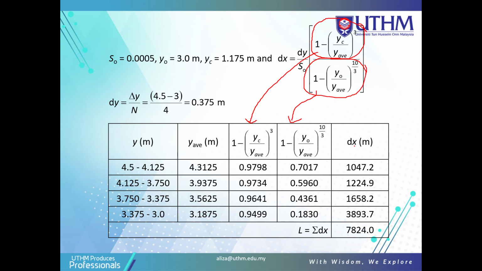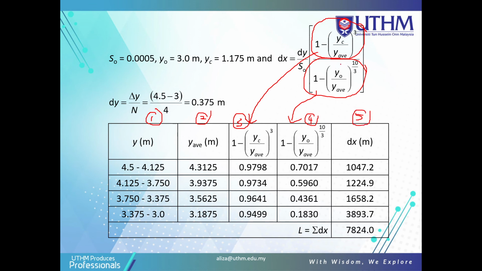And then dx, okay, dx is dy divided by s naught. So this column, we call column 1, this is column 2, this is column 3, this is column 4, and this is column 5.